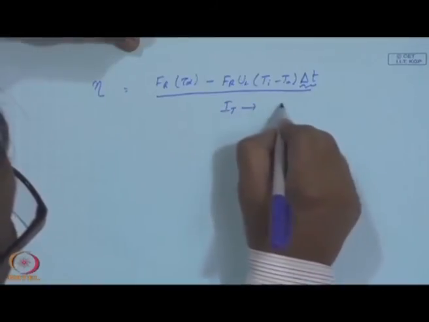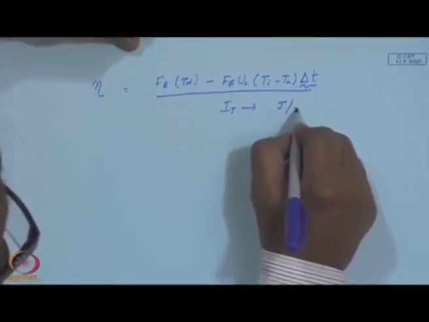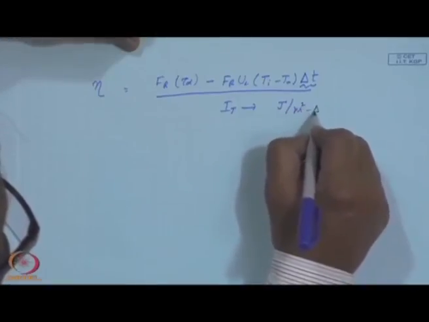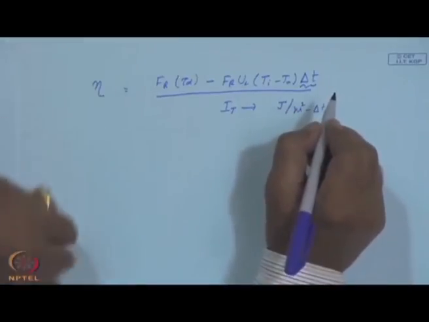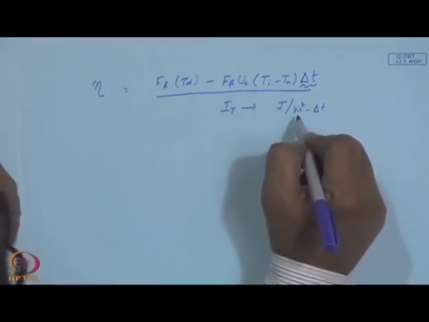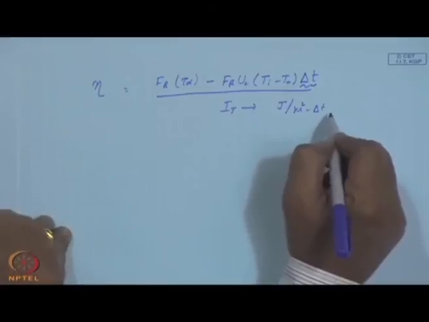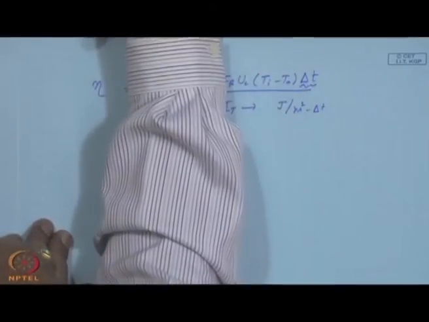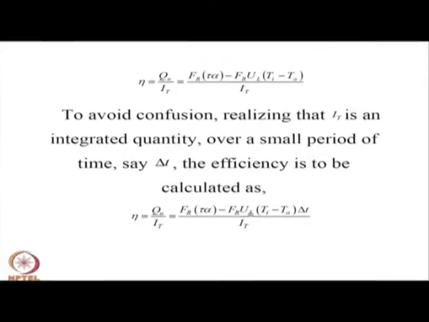This is for joules per meter square during delta t. Otherwise, this will be watts per meter square; this will be joules per meter square integrated over a time delta t. So, this is one mistake that is commonly done, do not do that.